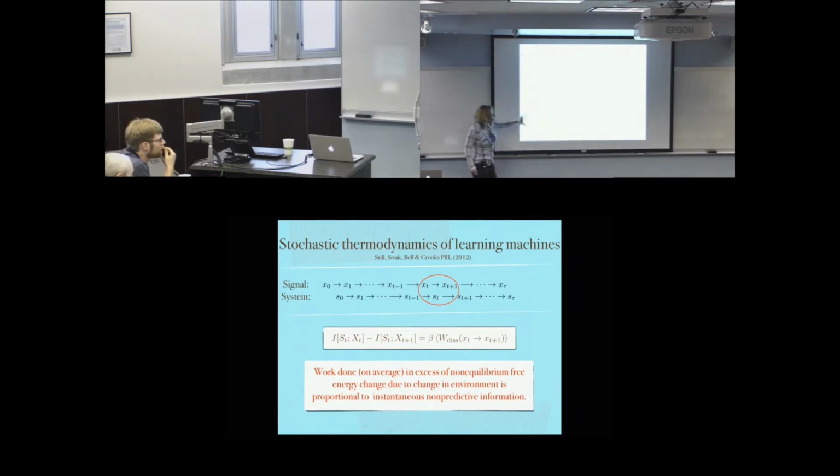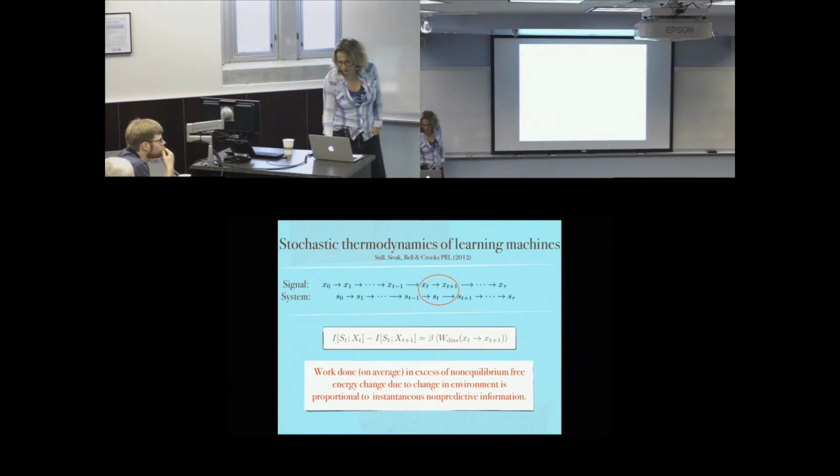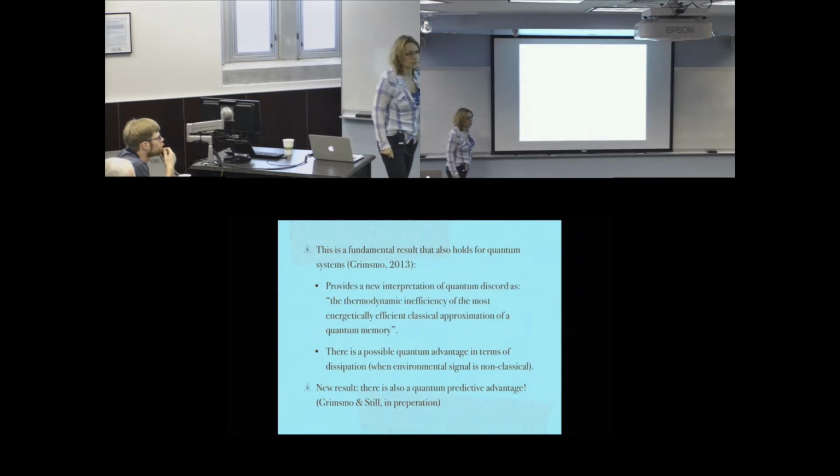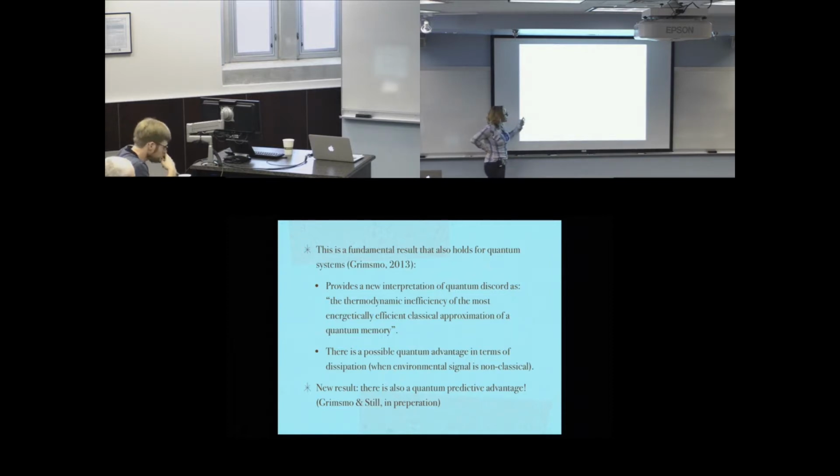But I just want to point out that this is a very fundamental result, which also holds, for example, for quantum systems. And in quantum systems, it's nice because it provides a new interpretation for quantum discord. That is then the thermodynamic inefficiency of the most energetically efficient classical approximation to a quantum memory. If the signal is classical, you have no quantum advantage, obviously.